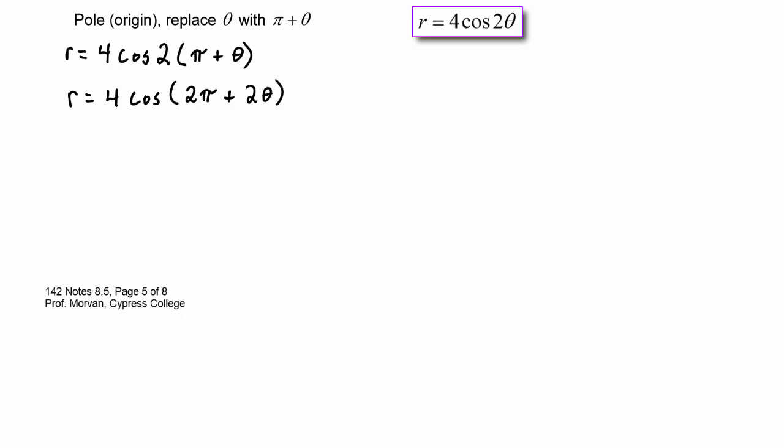We see that we will have to use the sum identity for cosine. Cosine of a plus b is equal to cosine a cosine b minus sine of a times the sine of b.